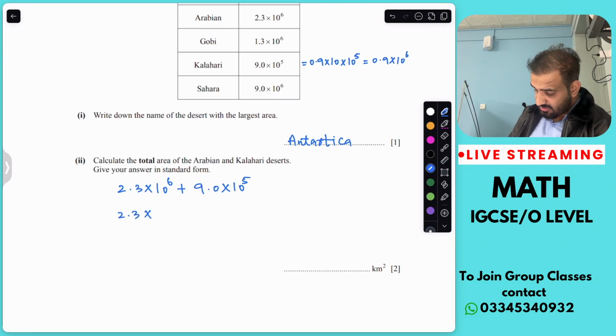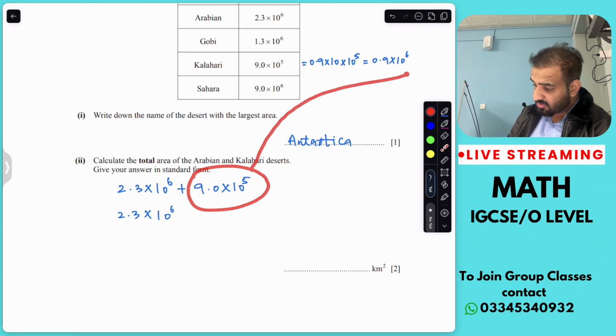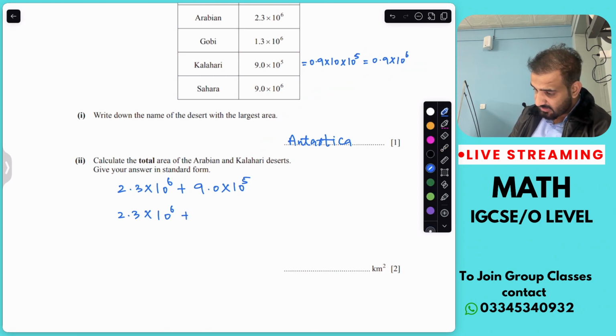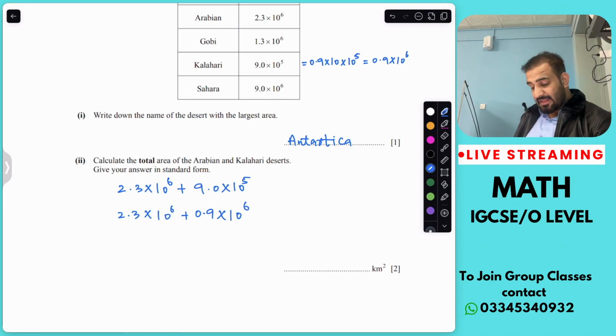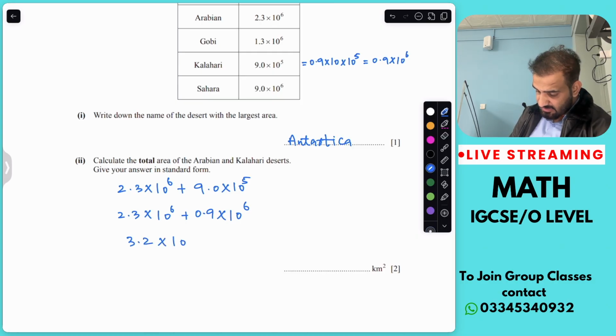This is converted into 10 raised to power 6, so I am using that answer, 0.9 times 10 raised to power 6. So 2.3 plus 0.9 can be written as 3.2 times 10 raised to power 6. So that's it.